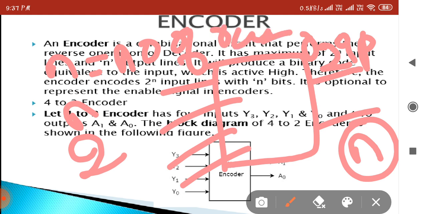The output values depend on the input values. N is the number of outputs, and 2 raised to n is the number of inputs.